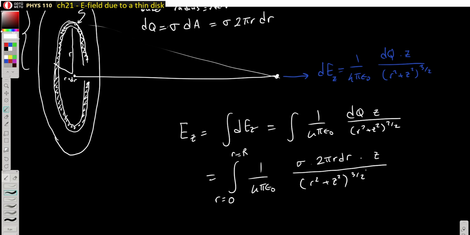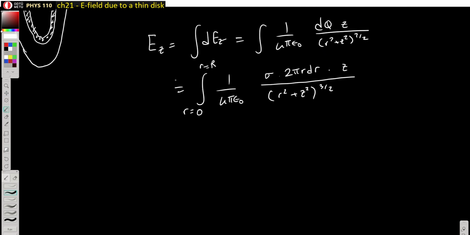The very last step is to use your calculus knowledge and then integrate this. So let's continue and do it like this. Sigma and whatever, all of these quantities are constants, so just take these constants out of the integral. Sigma is in here, 2 pi is in here, z is in here, 4 pi epsilon 0 is in here.